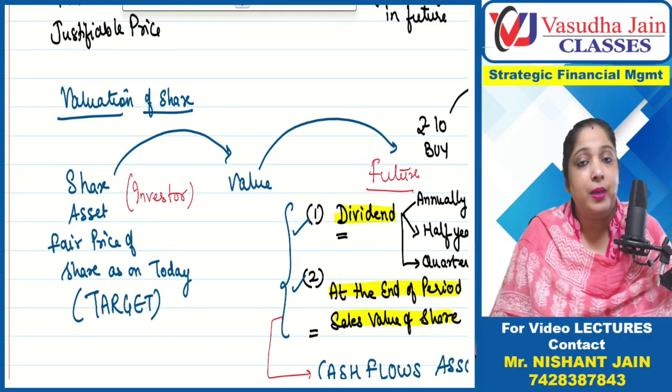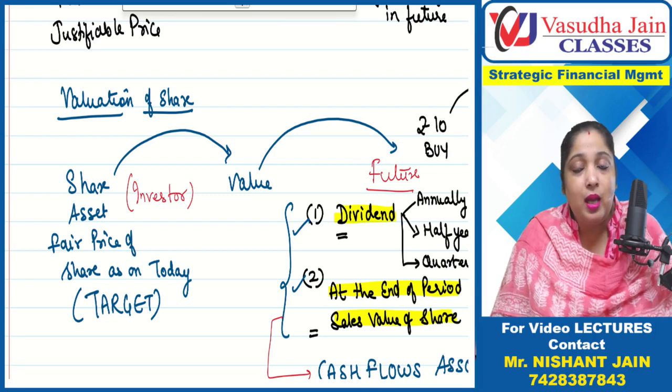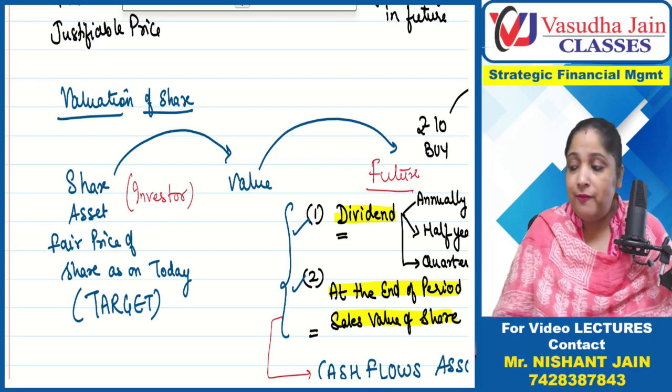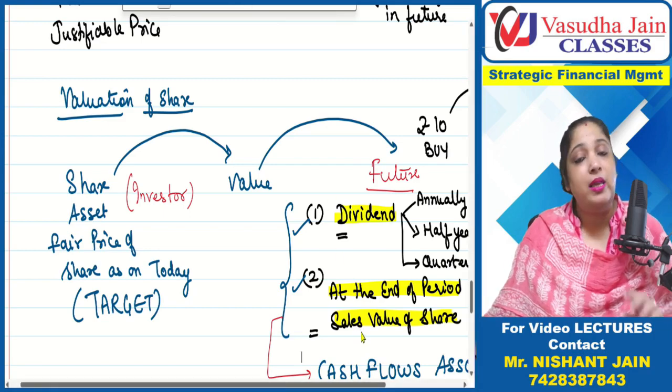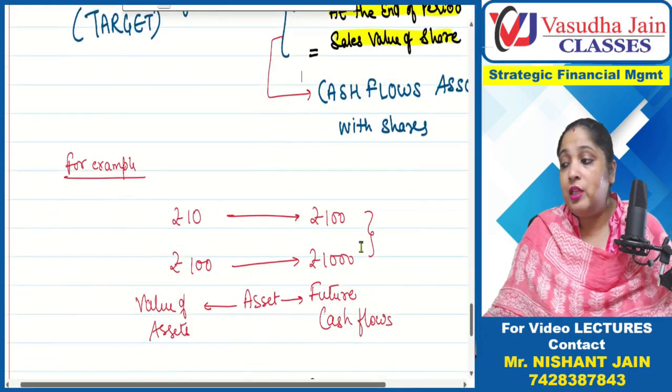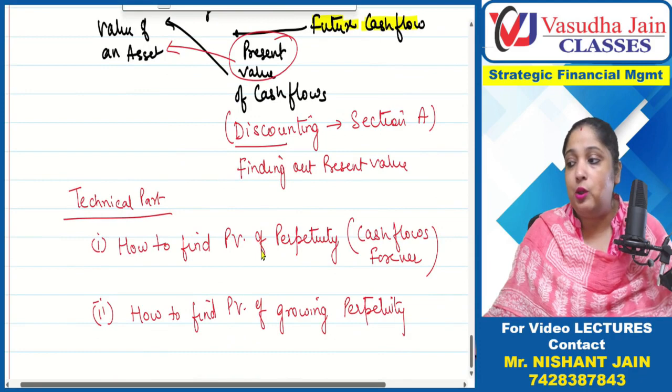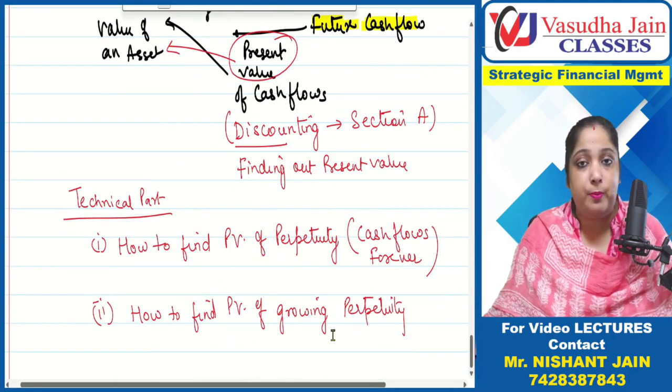How much dividend the company will give, how much sales value will come after a period of investment, the question will tell us. So this information will be given in the question itself. We just have to learn how to find its present value. In normal cases, we know how to find present value only in perpetuity and growing perpetuity.